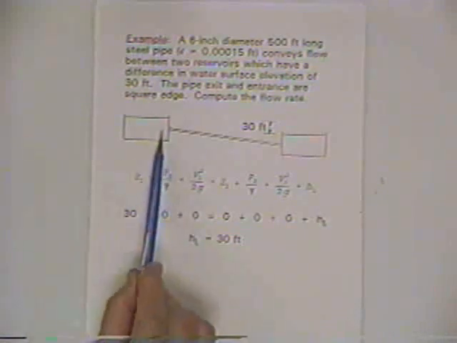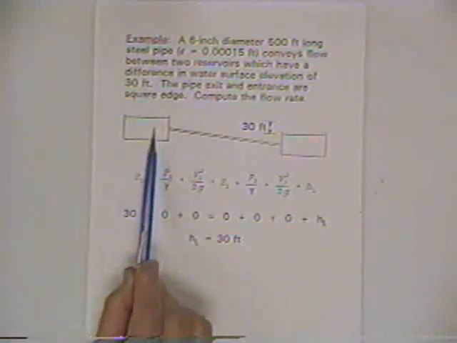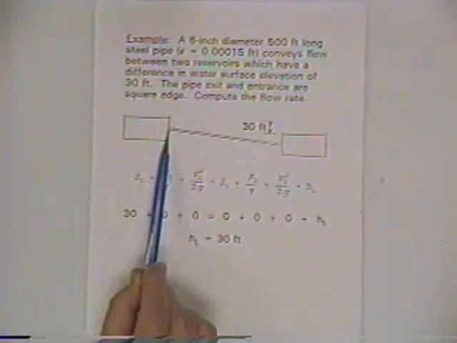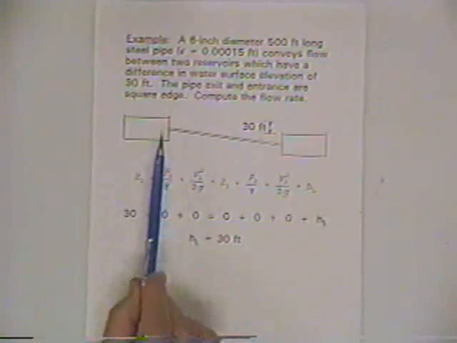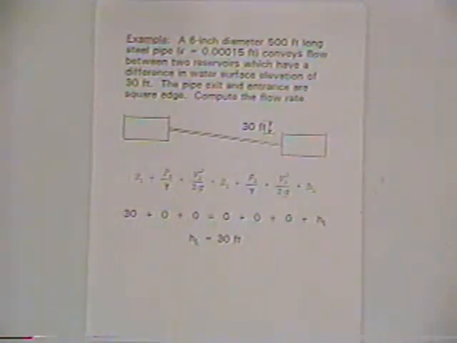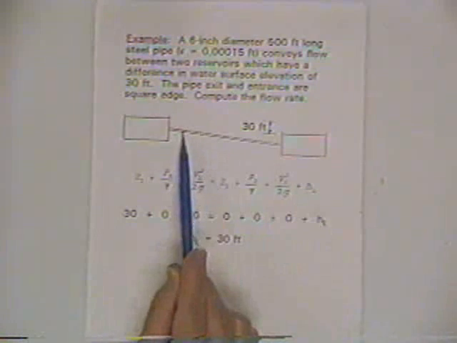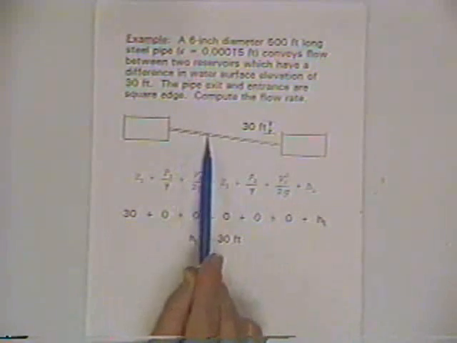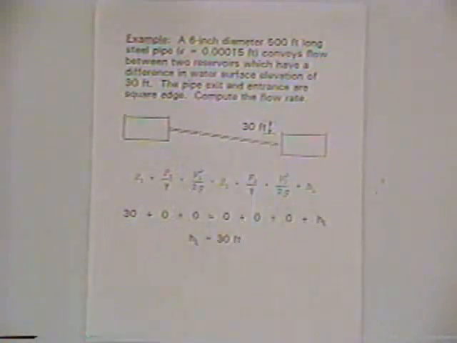But we also have an entrance because the water goes from the storage tank into the pipe. So there's an additional head loss there. Plus, the water goes from the pipe into this container, and there's an additional head loss there. So that'll give us a chance to include in this head loss term the minor losses as well as the frictional losses, in which Darcy-Weisbach tells us how much head loss occurs along the pipe.